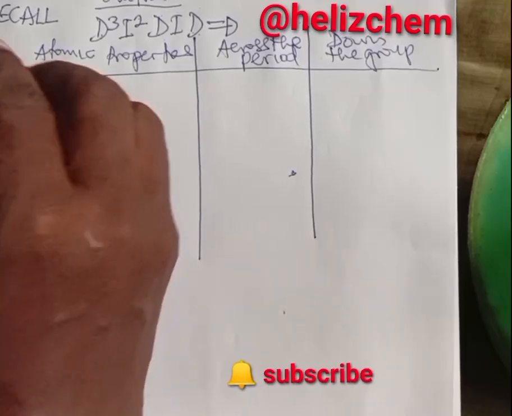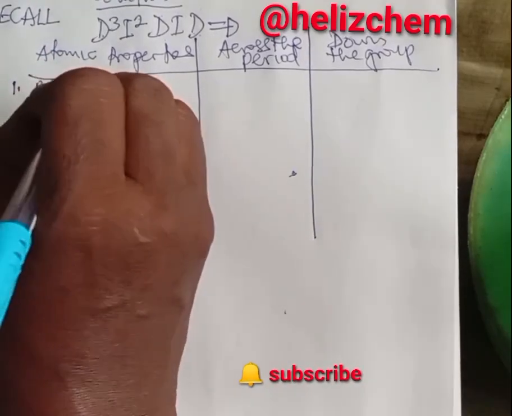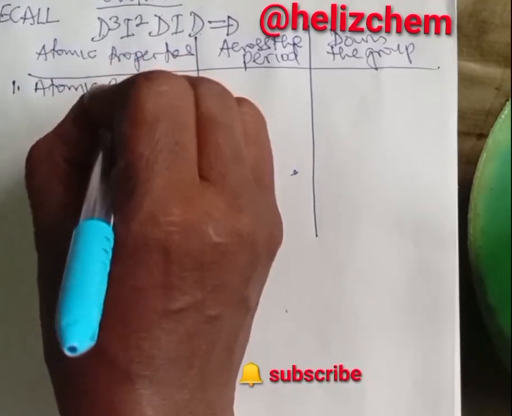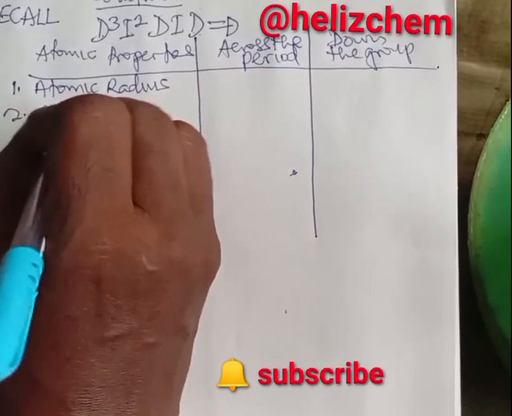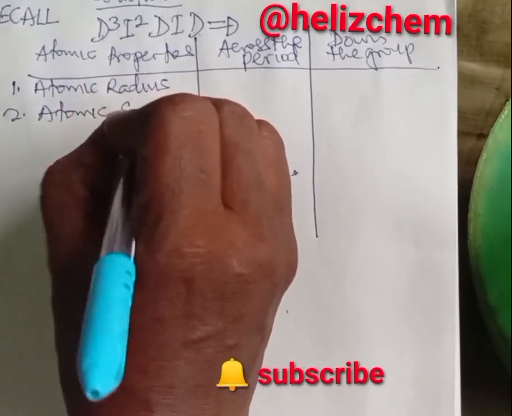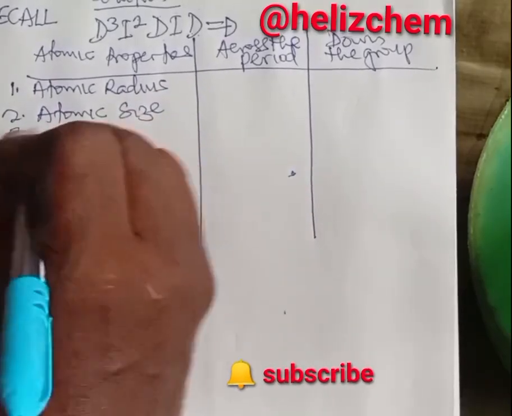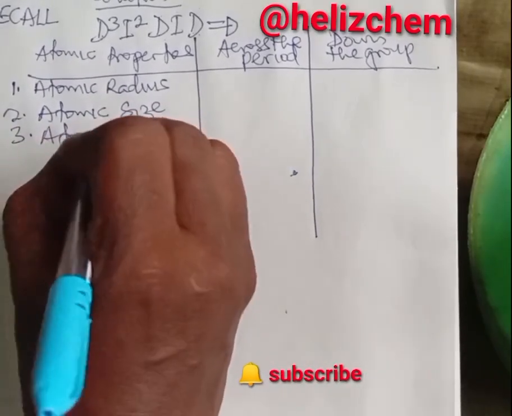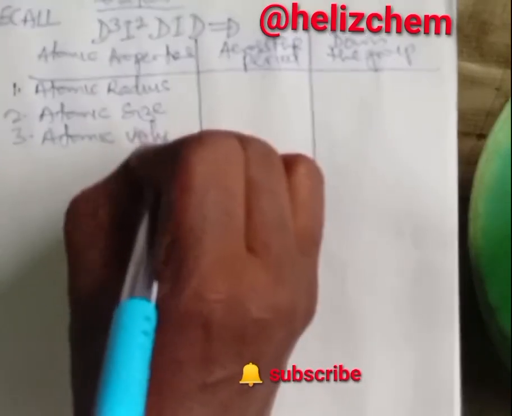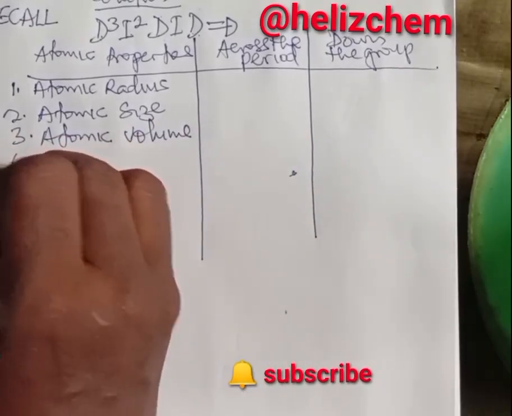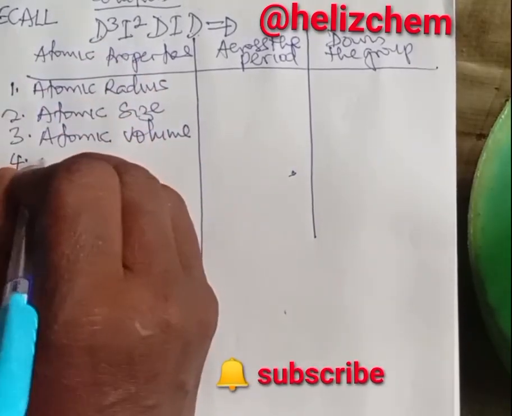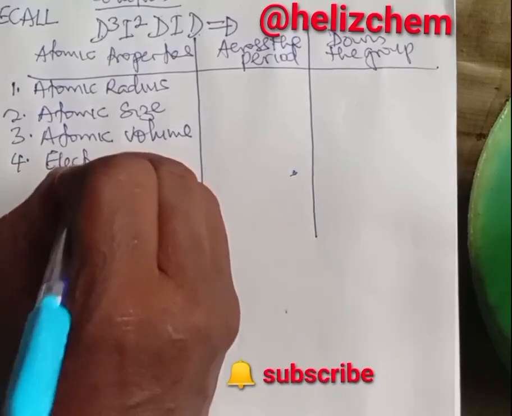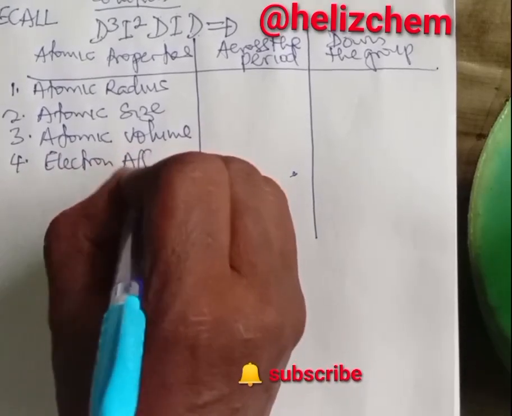alphabetically. The first one is atomic radius. 2. Atomic size. 3. Atomic volume. Then the next one that follows now after A is electron affinity.